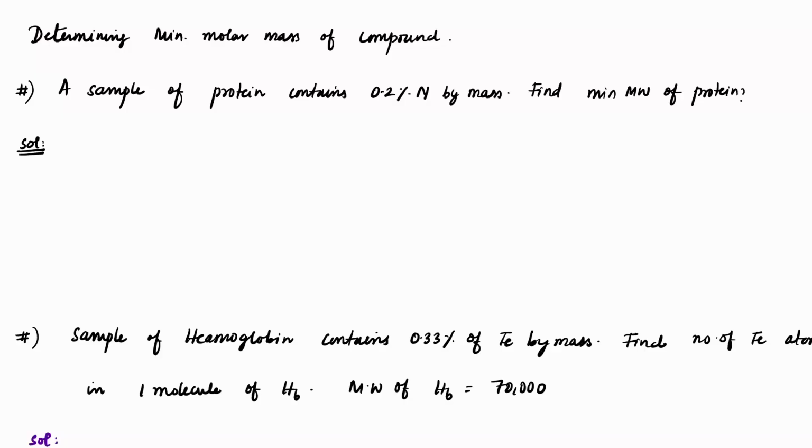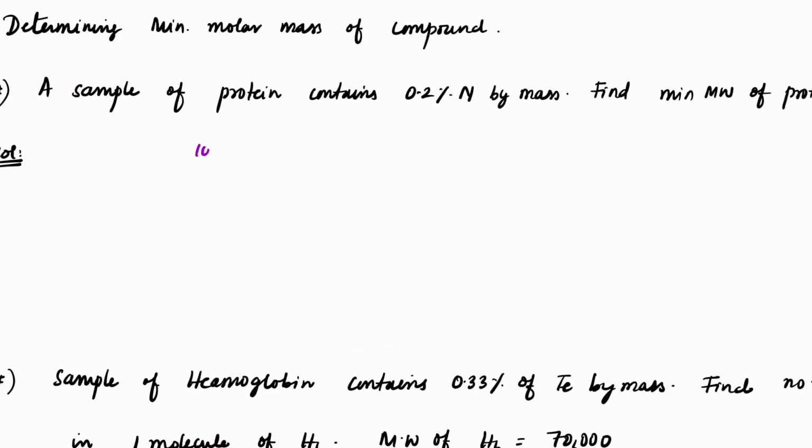So, if you have 100 grams of protein, that does contain 0.2 grams of nitrogen.